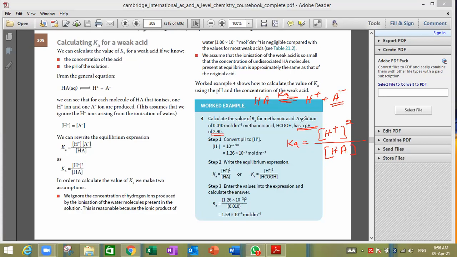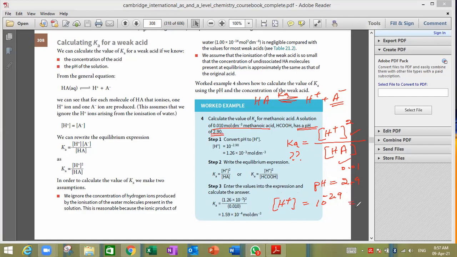Now he gave us the concentration of the methanoic acid to be 0.01. This is the HA, it is 0.01. And he wants us to calculate the Ka. But in order to calculate the Ka, we have to know the hydrogen ion concentration. He didn't give it to us, but he gave us the pH. It's equal to 2.9, from which we can get the hydrogen ion concentration, because we said that you are going to write 10 to the power minus 2.9 on your calculator and get it.